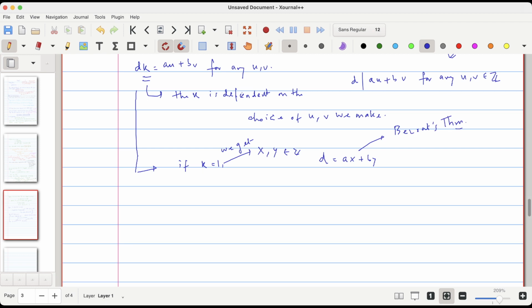Because we know there exist such x and y for which the GCD can be written as a linear combination of A and B. Namely, there exist integers x and y for which D equals ax plus by. Right?